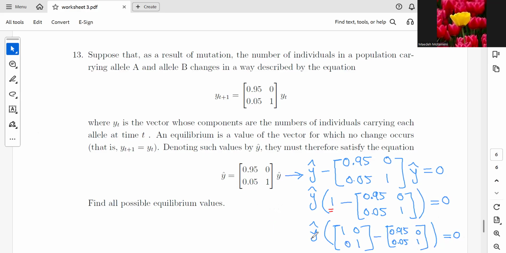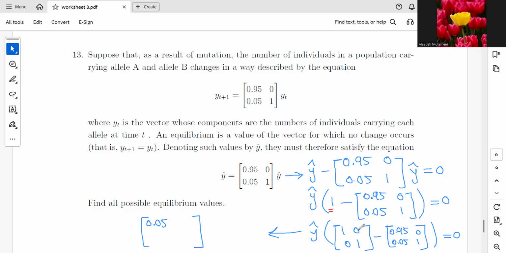So we know that y hat cannot be 0. The only thing that can be 0 is this difference. So what is inside the parentheses? That would be when you subtract these two matrices. And the answer for that is 0.05 because 1 minus 0.95 for the first entry is 0.05.